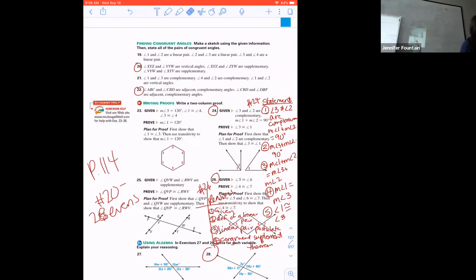Okay, and we can also see it says first show that angle 4 and 5 are congruent, 6 and 7 are congruent, then use the transitive to show that 4 is congruent to 7. So you can see the picture that went along with this. So we have the given. So then step 2, we have that it's the definition of a linear pair.